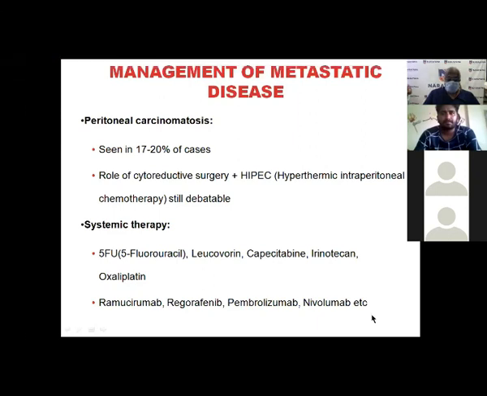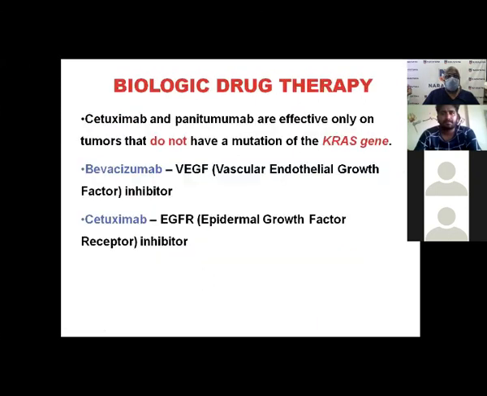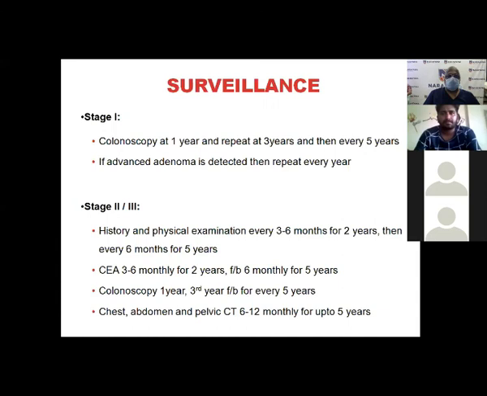Biologic drug therapy is coming very much: bevacizumab and cetuximab. One is a vascular endothelial growth factor inhibitor, the other is an epidermal growth factor receptor inhibitor. These are coming, but have not come very much into clinical practice.